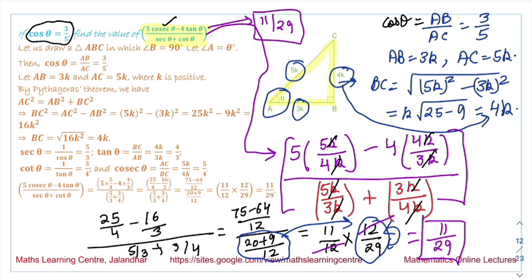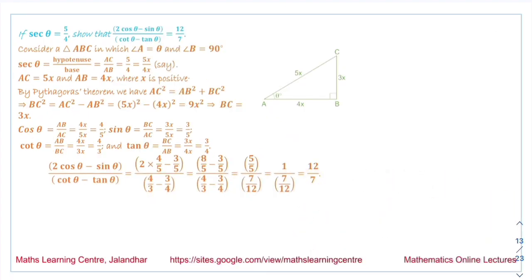Next is, if secant theta is equal to 5 by 4, we have to show that 2 cos theta minus sin theta over cot theta minus tan theta is equal to 12 by 7. Again secant theta we know is hypotenuse over base. So in this triangle, it is AC over AB, and this value is given to be 5k over 4k.